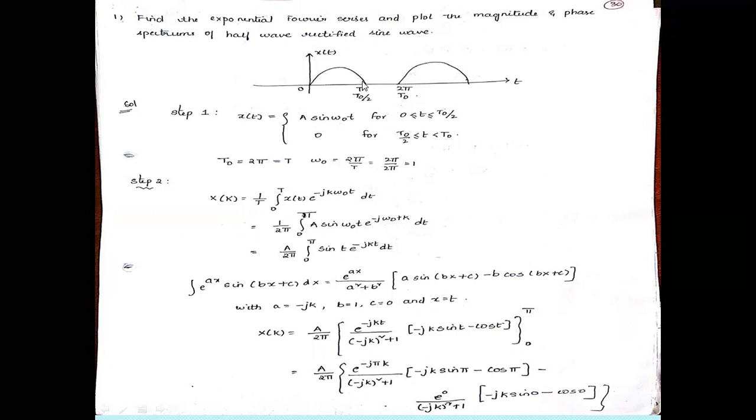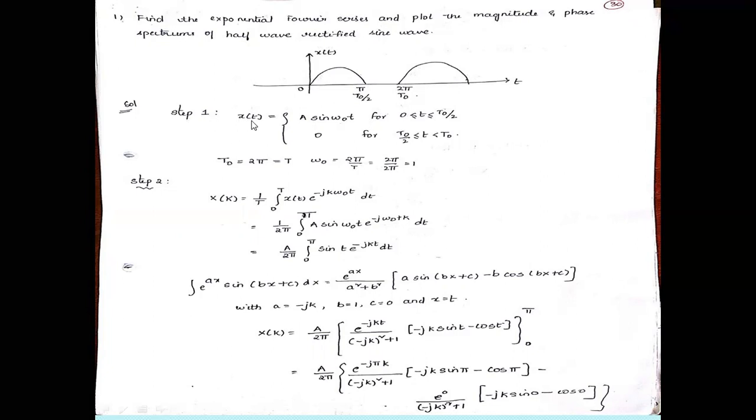See, the positive half only is shown here, and there is no negative half of the sine wave. For a half wave rectifier you will get the positive cycle only. There is no negative cycle. Understood, my dear students? So, half wave rectified sine wave.